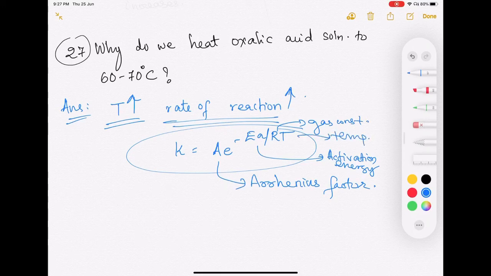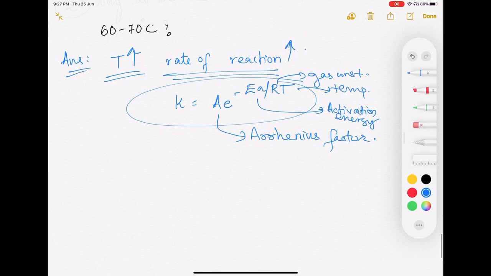So whenever the temperature is increasing, the rate constant k of the reaction increases. That is your rate constant, nothing but how the rate varies.